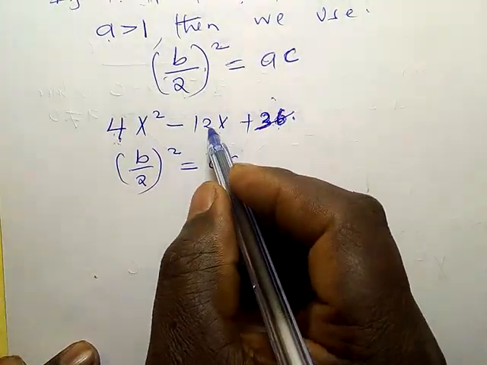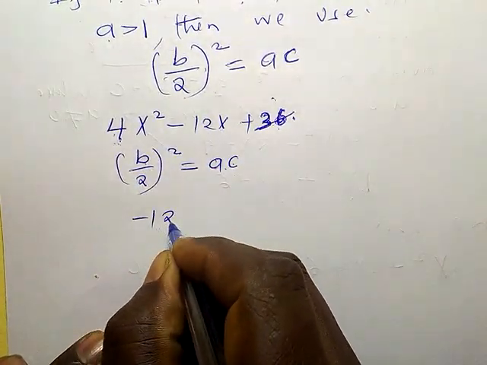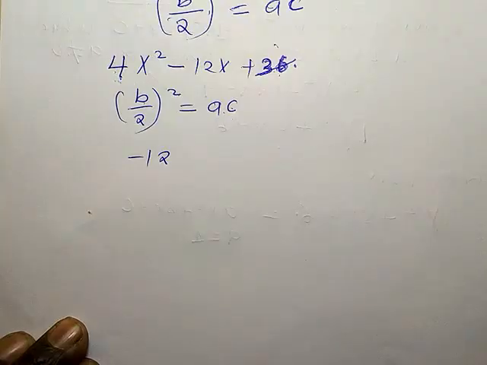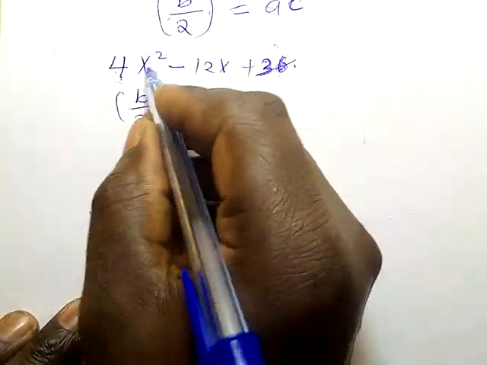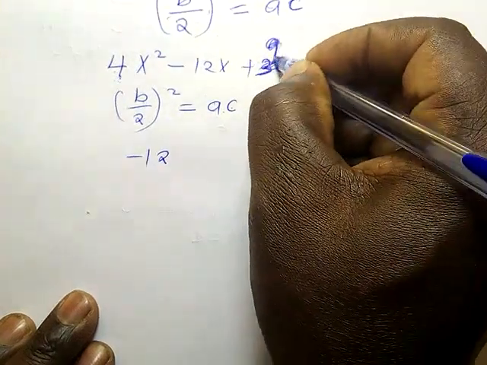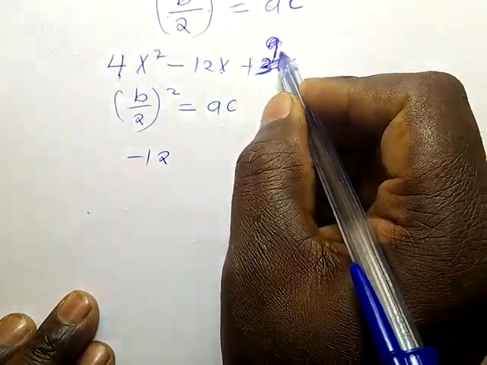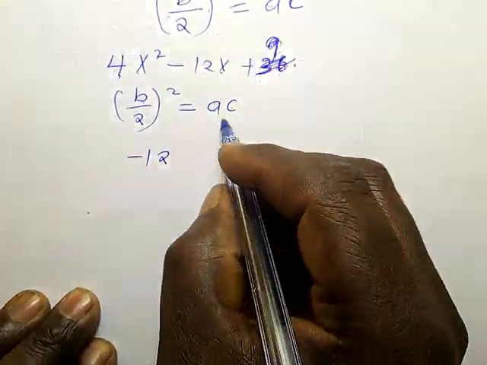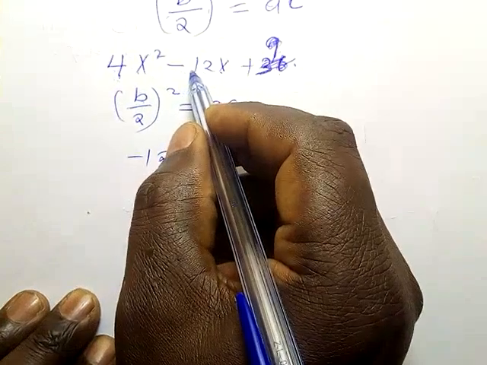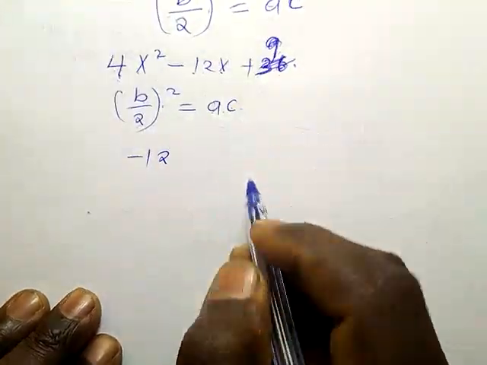So let us confirm that. b is negative 12. This example is not okay. Here is supposed to be 9, so it won't work. So 4x squared minus 12x plus 9. We want to confirm that (b over 2) squared equals ac.